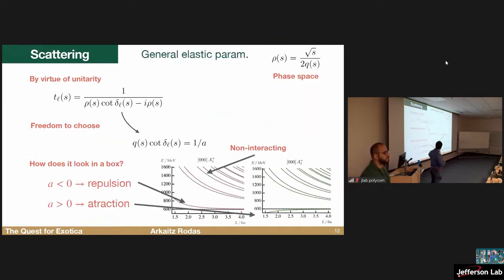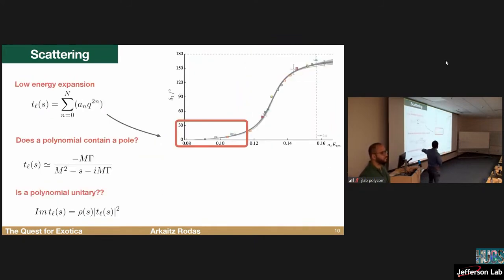So this is the interesting thing. Let's go back to this. Let's say that we start with the naive way of parameterization. You get the full T, and then you put a polynomial over it, right? We have just seen that you cannot describe poles because you use a polynomial denominator, so it has no poles, and it breaks unitarity. But look at this equation. If the imaginary part is small, or the modulus is small, you are not breaking it much, right?